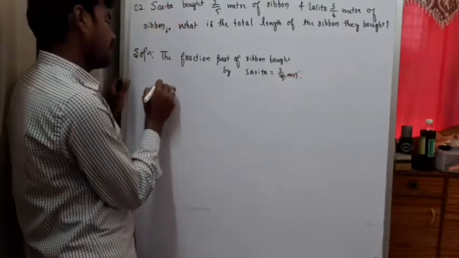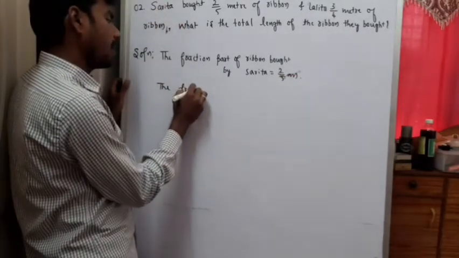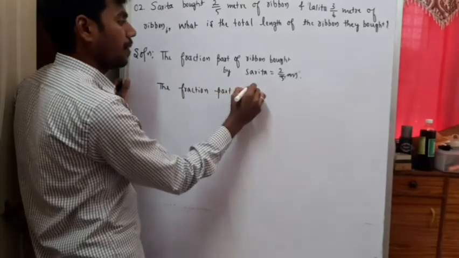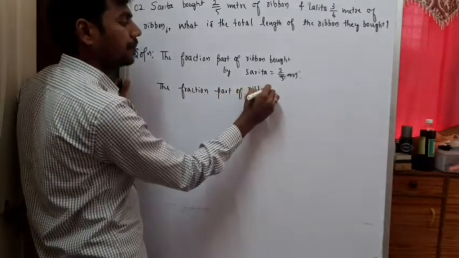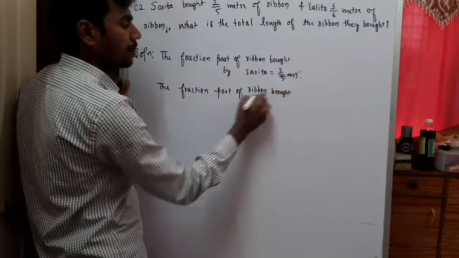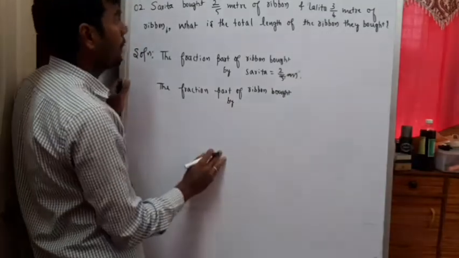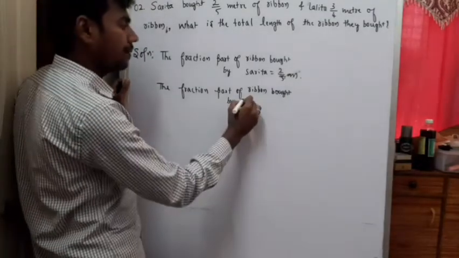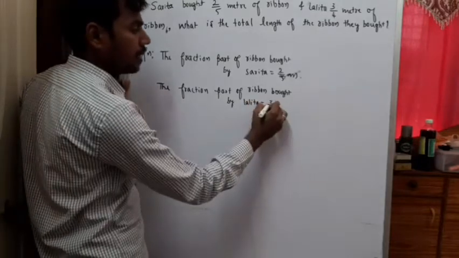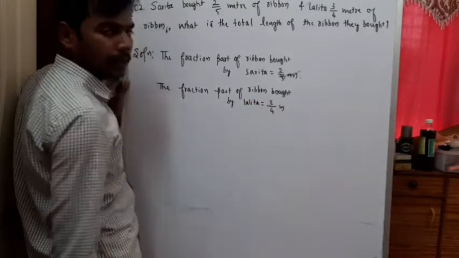And the fraction part of ribbon bought by Lalita is equal to how much? 3 divided by 4 meter, 3 by 4 meter.